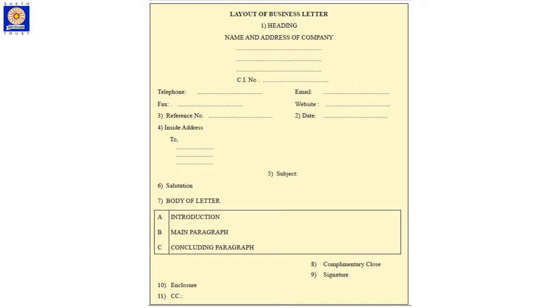So in the introduction part, in many of the letters, you have to write that I am directed by the director, and then introduce about the subject or the circumstances for which the letter has been written, and you also have to write many facts and figures related to the same. Then we have main paragraph, the important concerns related to the subject. We will see in few further lectures.